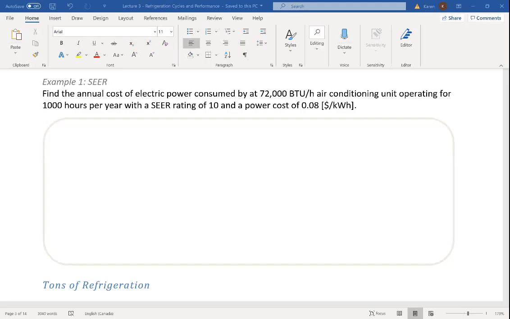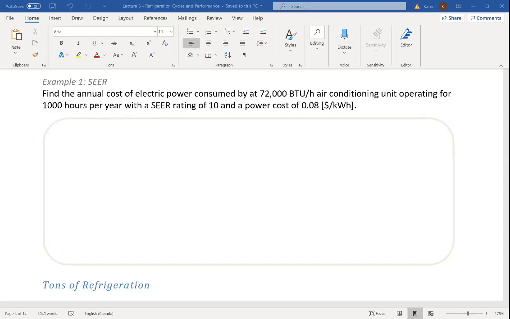It can be looked at that way. You can see that the units will work out with BTU per hour over watts, electrical power in watts, and that's a handy way to practically calculate it. Another way to think about it is that it is the BTUs over watt hours.